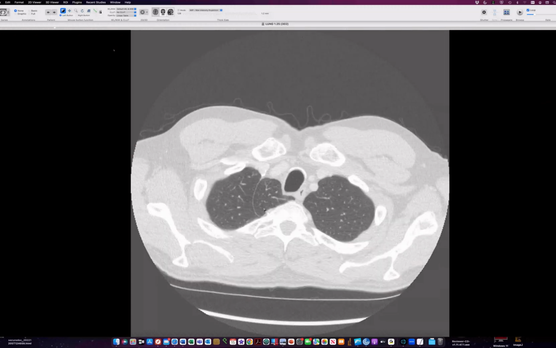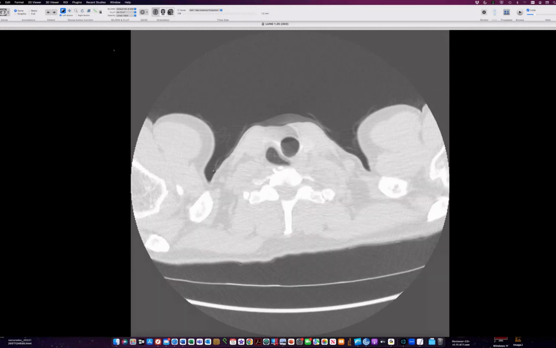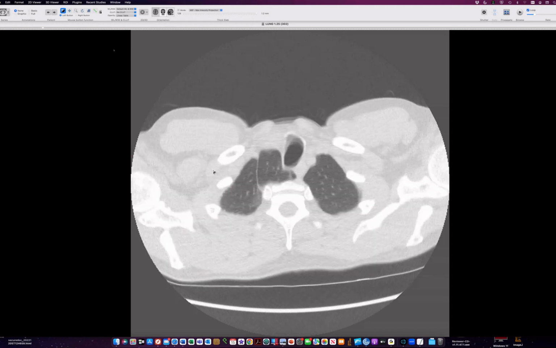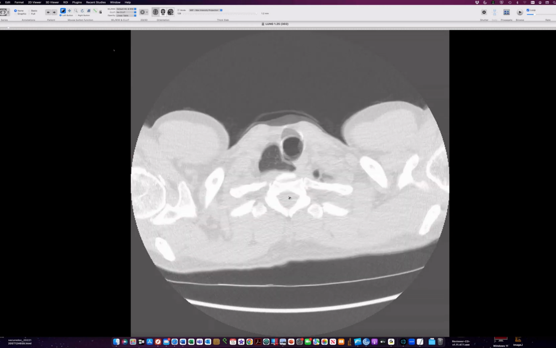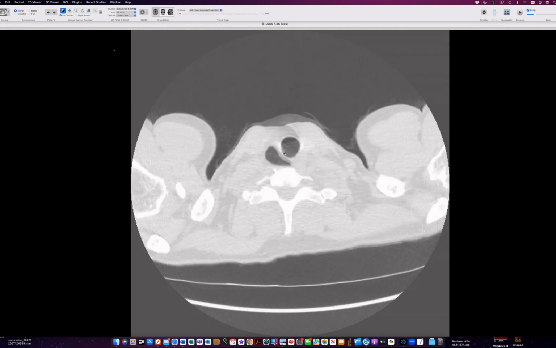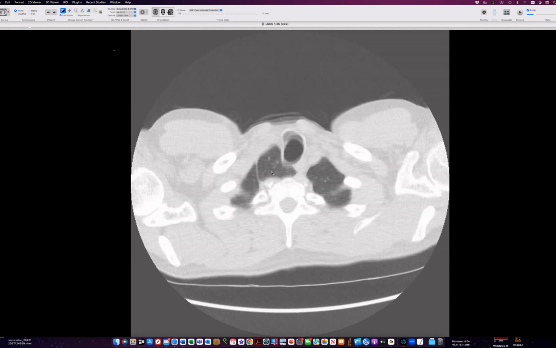Then subsequently had another CT scan, and this is now December. Now we can see that this is a very aggressive azygous lobe, and it's decided to move up into the neck and accompany the trachea here. So we have this apical herniation of an azygous lobe.